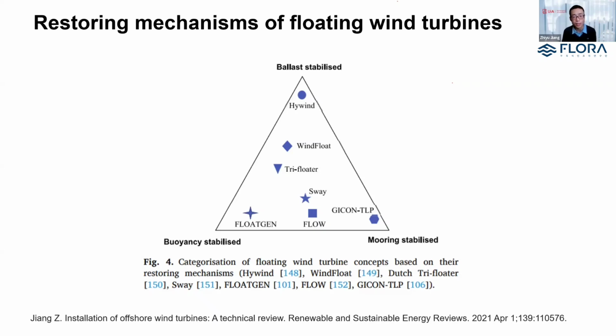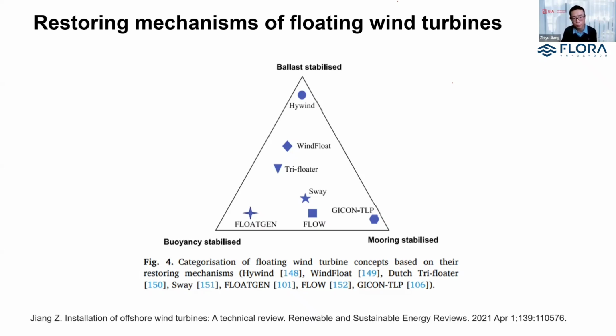That's why we place it there. Ballast stabilized, because we use ballast to lower the center of gravity of the whole platform. The ballast can be of various types. It can be scrap steel, or heavy metal, magnesium. So different types of ballast have been used.